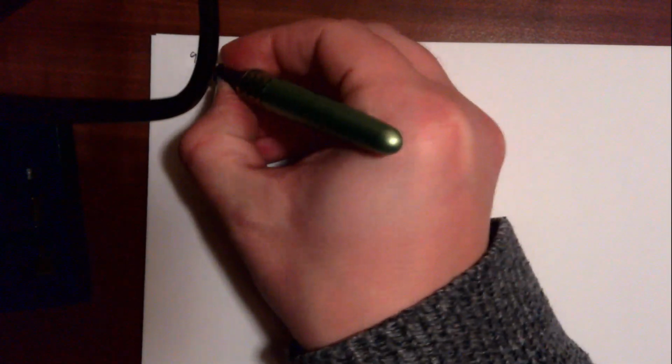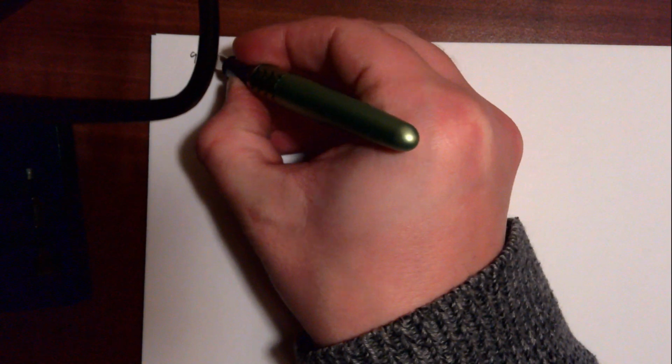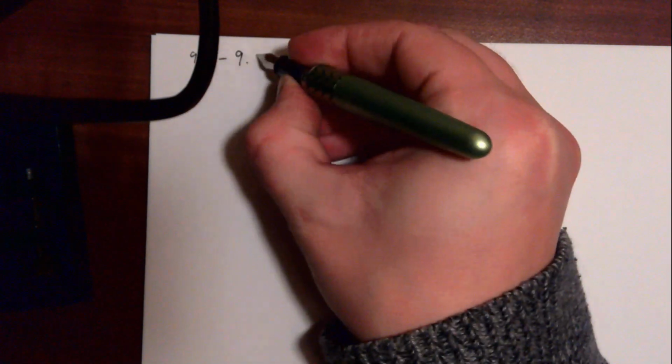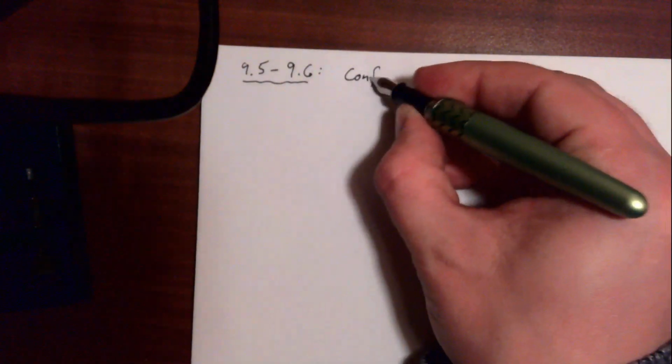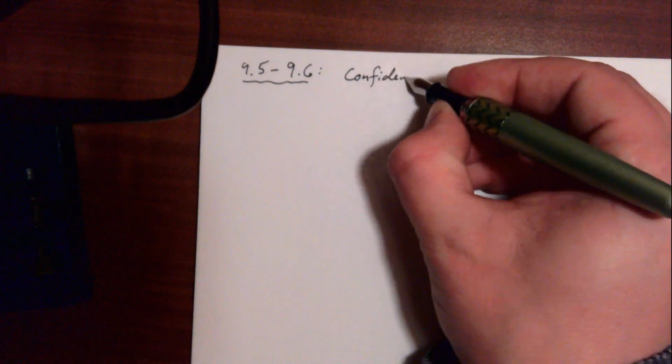So here we go. What we're going to talk about is 9.5, 9.6, where we'll just quickly see how to make a TI-84 do some of our work for us. And that work in question will be confidence intervals and hypothesis tests, because they are both very similar.